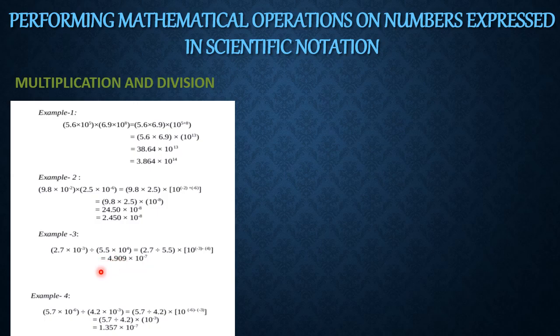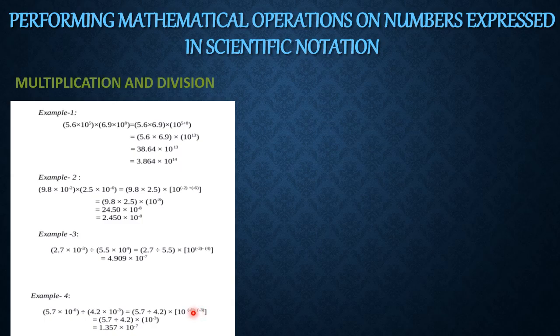The fourth one, 5.7 into 10 to the power minus 6 divided by 4.2 into 10 to the power minus 3. Same rule as usual, but here the powers are minus 6 and minus 3, so you have to concentrate: a to the power m by a to the power n equals a to the power m minus n.